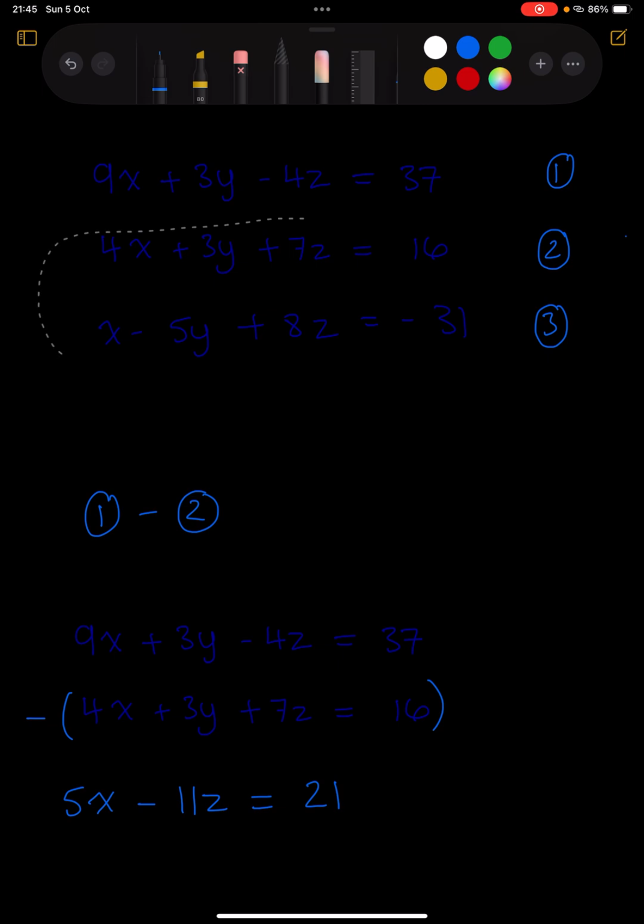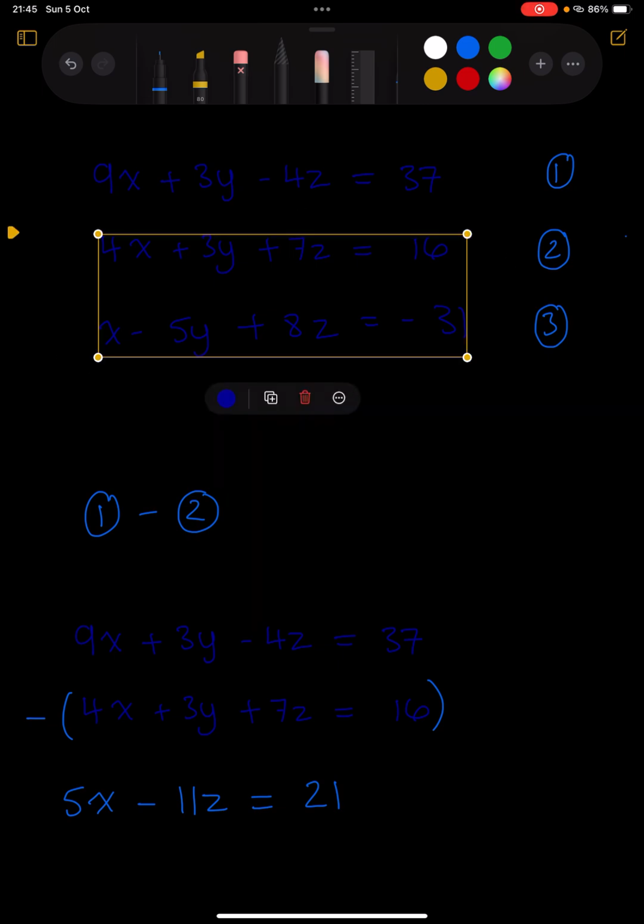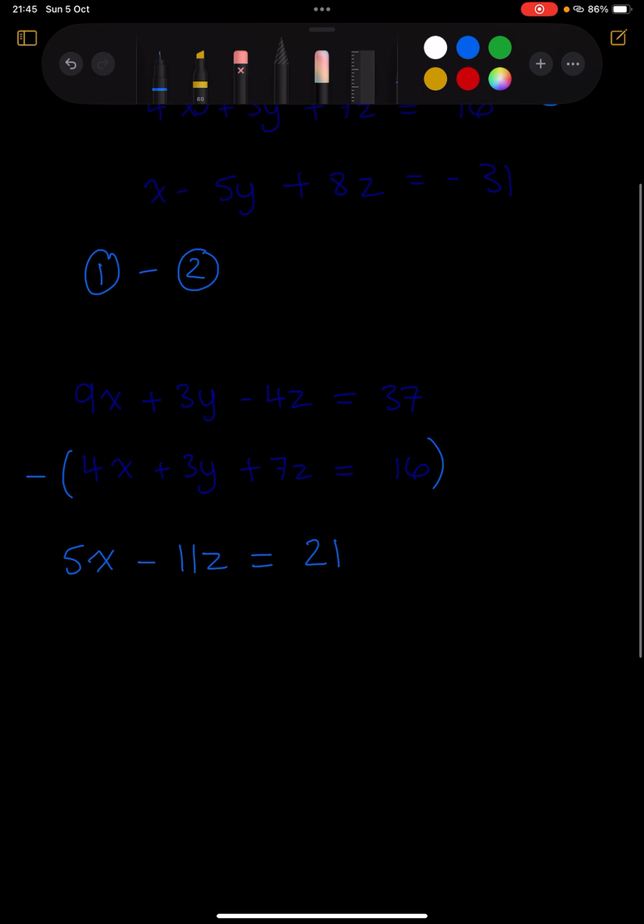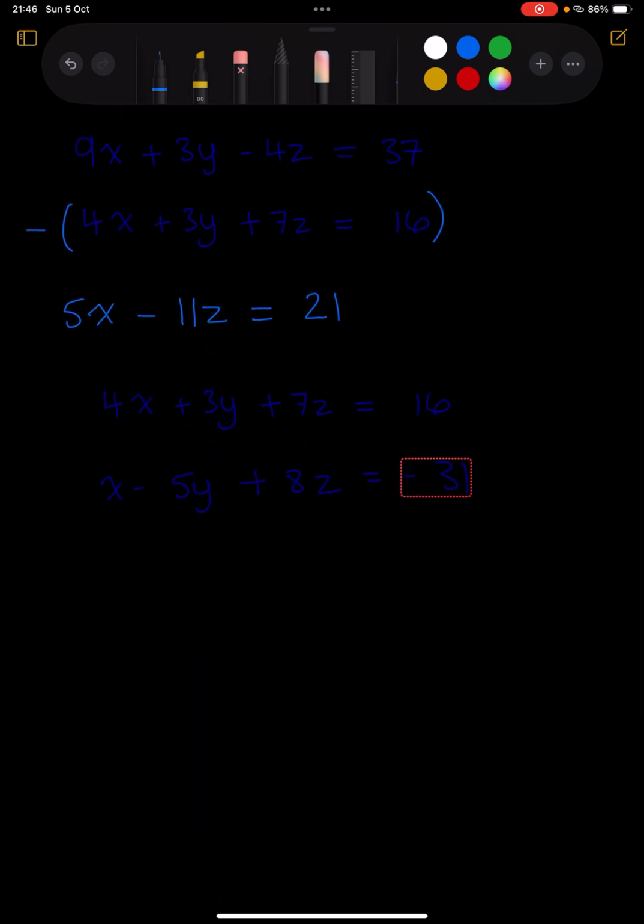You should still get the right answer, but I would advise you pick ones with the smaller coefficients or positives. So we have to change these so that the y's match. I have to eliminate the y's. I can't eliminate the x's or the z's because otherwise I'm not going to be able to pair it with this equation up here and treat it like a normal equation where I have two variables.